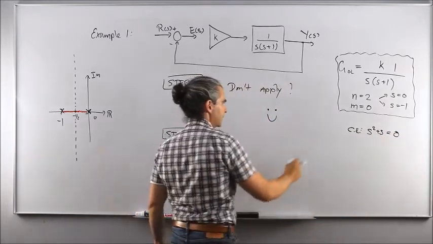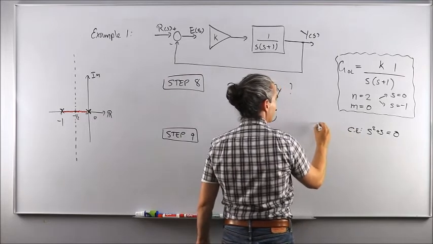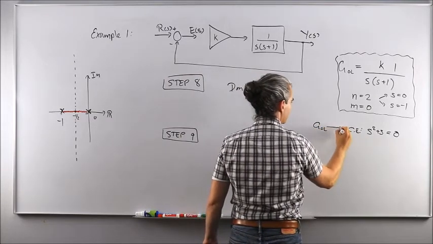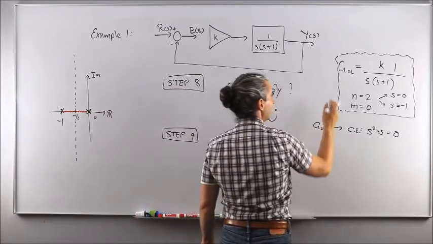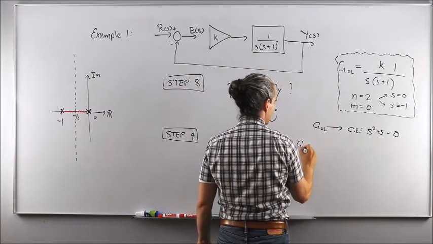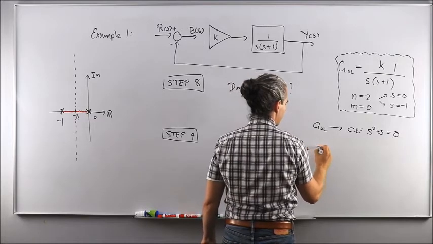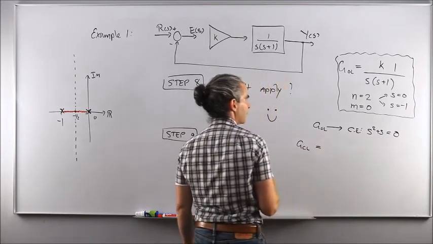But this is the characteristic equation of what? Of the open loop transfer function. But remember that step 9 deals with the closed loop transfer function. So you need to calculate the closed loop transfer function in the first place.